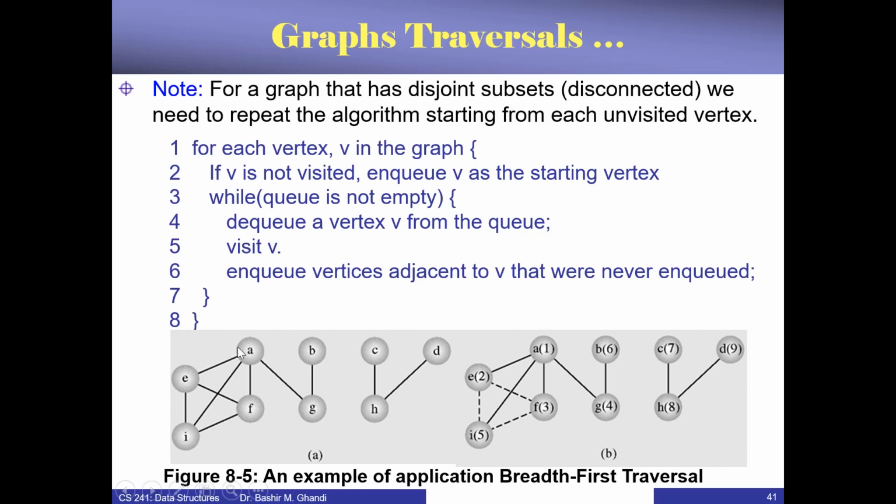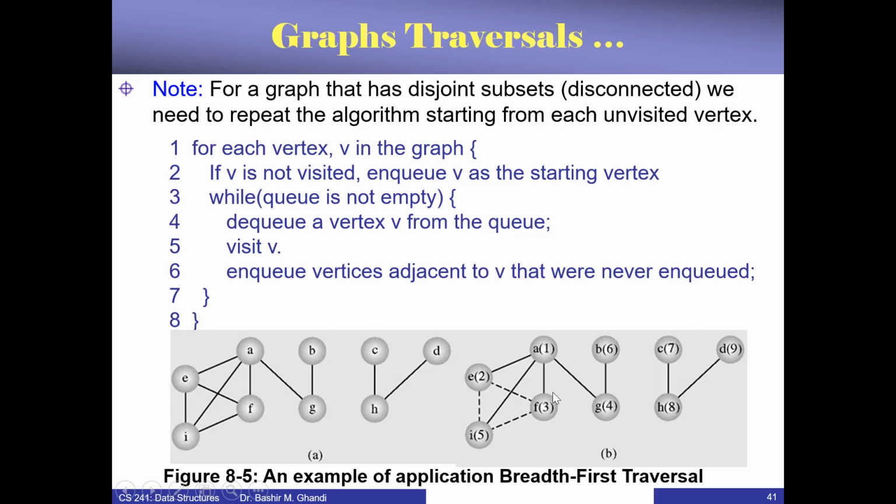Here you will see a difference. When we visit A, we have to finish with all its children, which are E, F, and G. So after visiting A, we will do E, which is number 2.